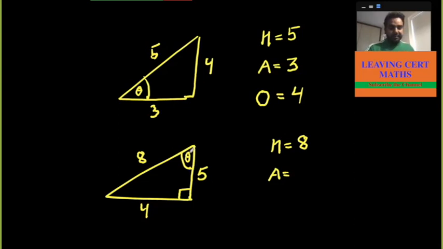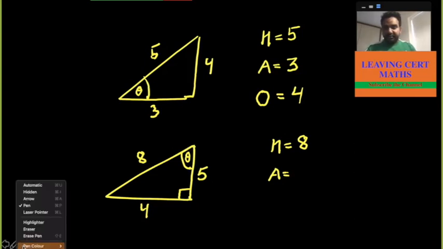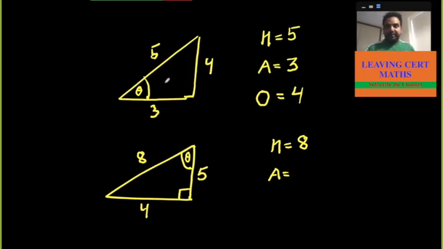You understand? See, in the first question, there are two sides adjacent to this angle, this side and this side, but this is hypotenuse, so this is your adjacent.